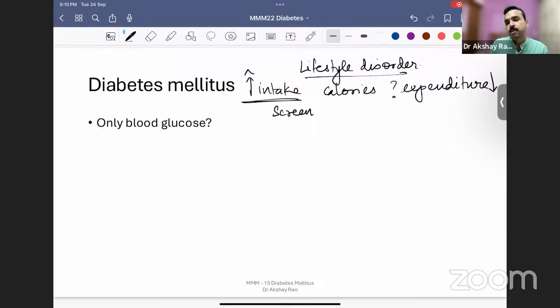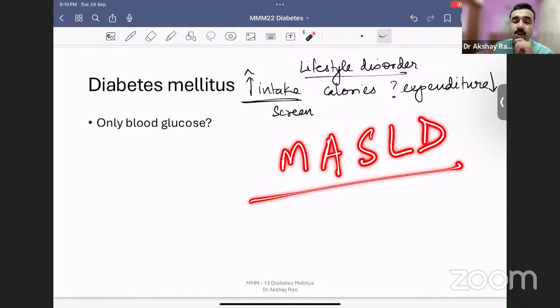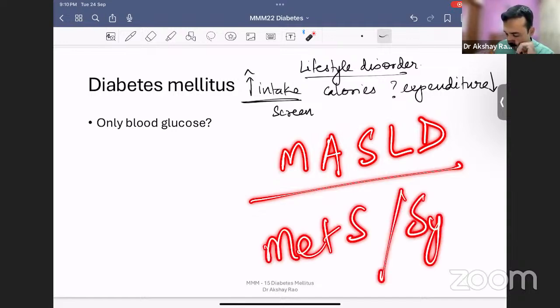It will end up converting those calories into glucose, cholesterol, uric acid, blood pressure, fatty liver, polycystic ovarian disease, aortic stenosis, and non-alcoholic steatohepatitis, what is now called metabolic dysfunction associated steatotic liver disease, MASLD. So all these are features of metabolic syndrome, also known as syndrome X.